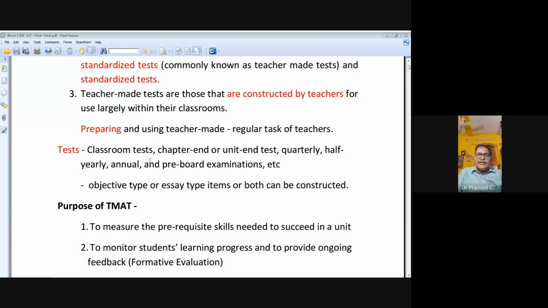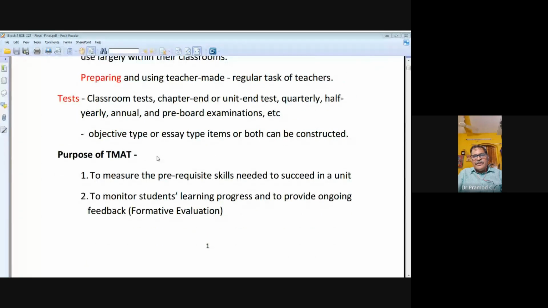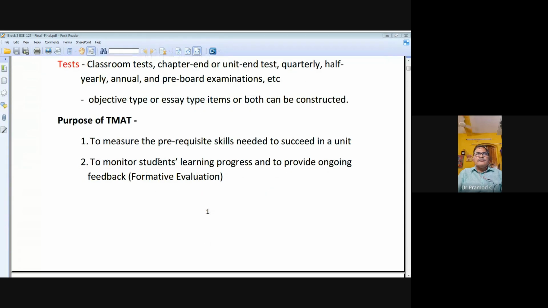That is known as the test examination. These are all the tests which are to be conducted by the teacher inside the classroom situation. You know what type of questions the teacher will ask the students. It may be the objective type or the essay type question. But sometimes we put both the essay type questions and the objective type questions.